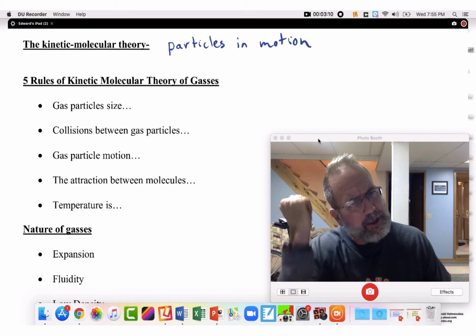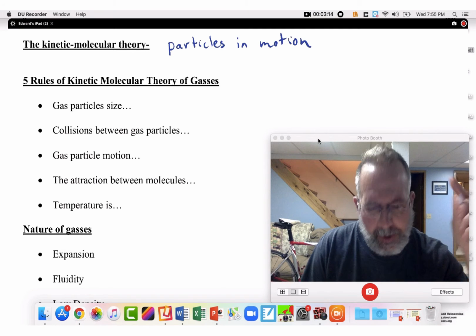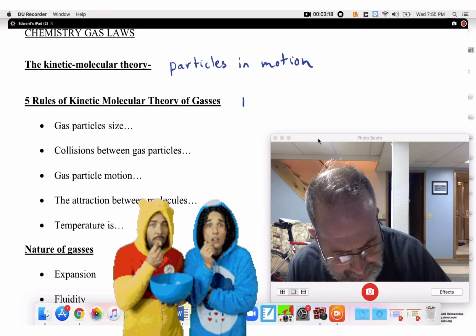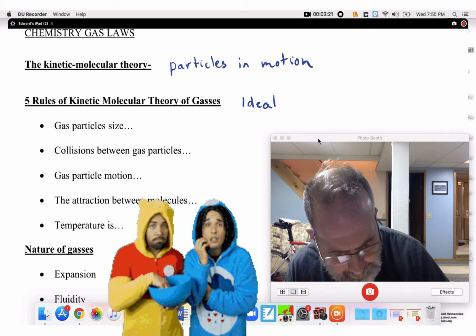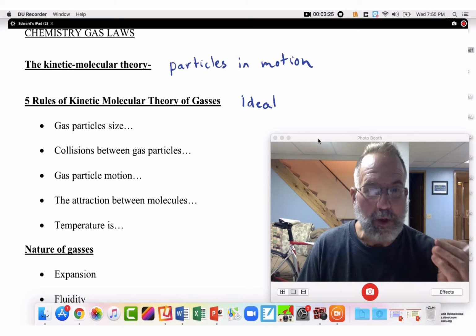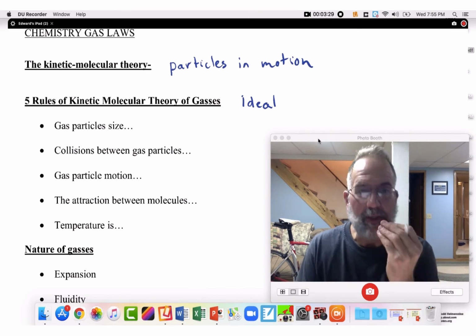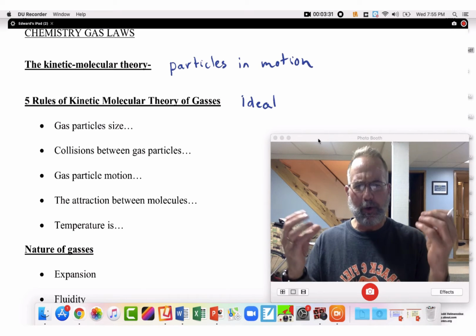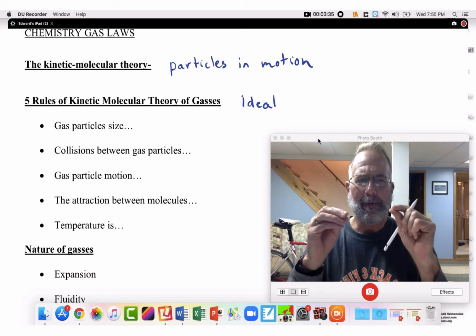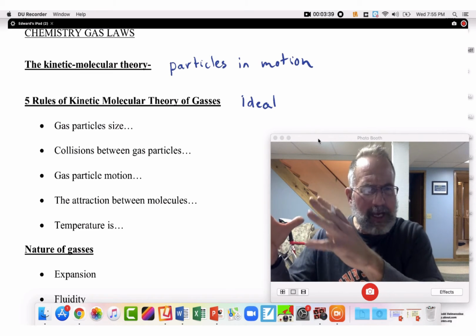All right, so let's talk about this first thing. Here are the 5 rules. I use the term ideal, and I'm going to write it down here. Ideal means perfect in every way, so we're going to make these gas particles perfect. First, let's talk about the size of the particle itself. In real life, those molecules, those atoms, take up space.